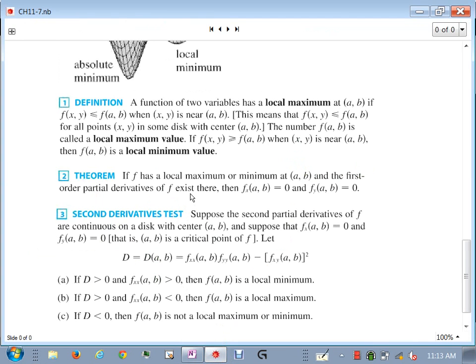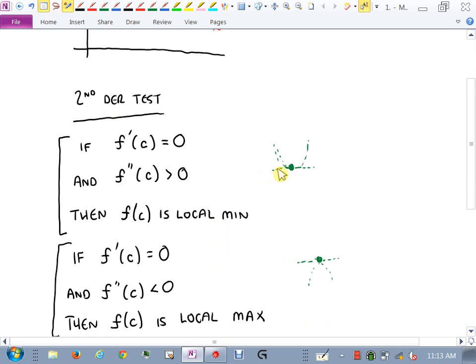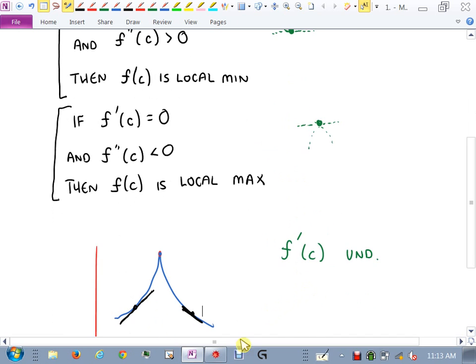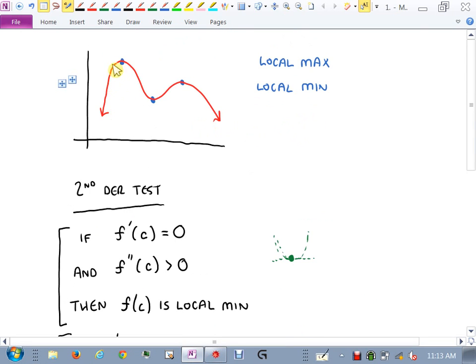It's saying if you have a maximum and the derivatives exist, then the derivatives have to be 0. Hold on, let me go to this one. If you have a local max and the derivative exists, the derivative must be 0.